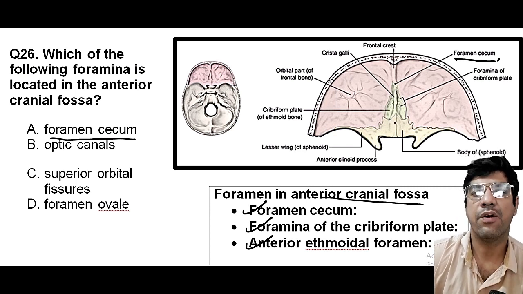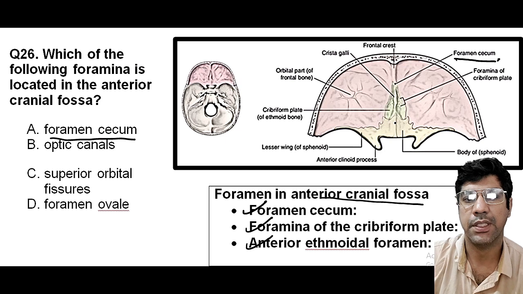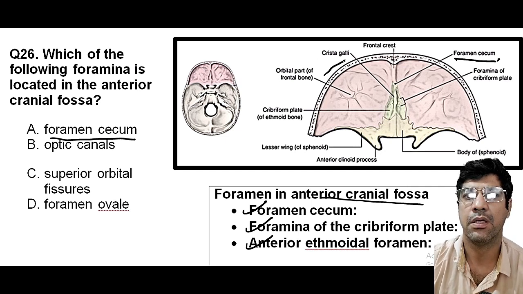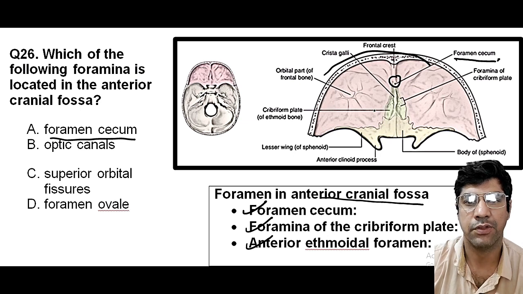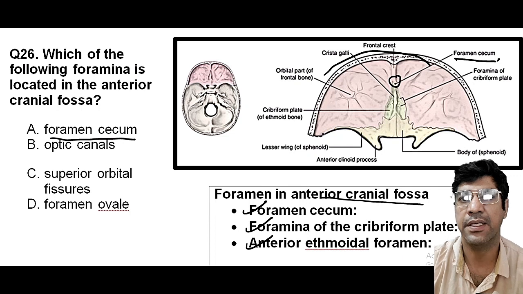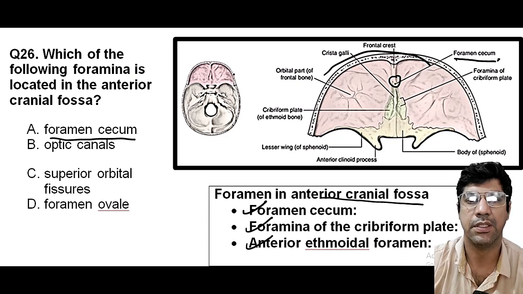So think of your brain as a house, and anterior cranial fossa, it is the top floor, where your brain will sit. Now imagine there are small windows or openings in the floor of that top floor. So these openings are the foramens.